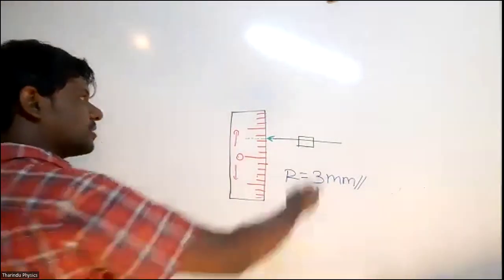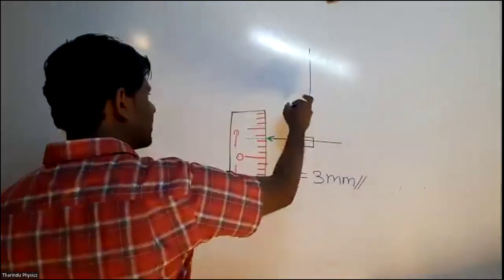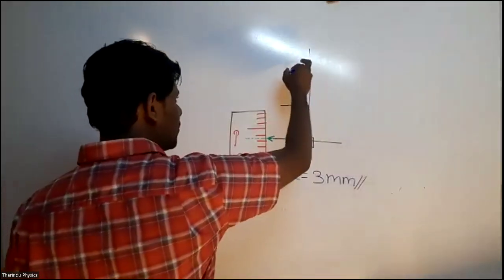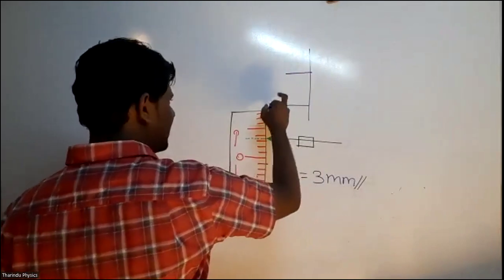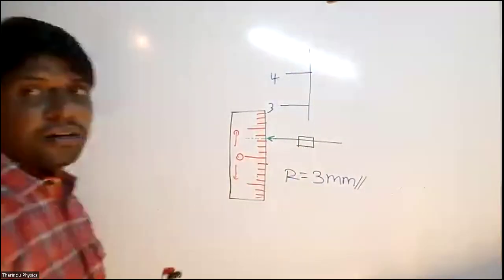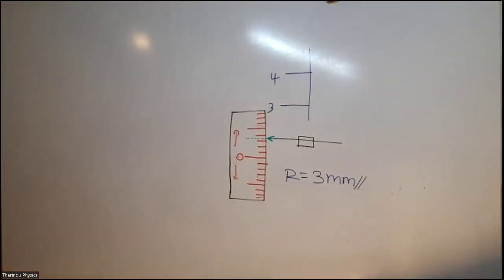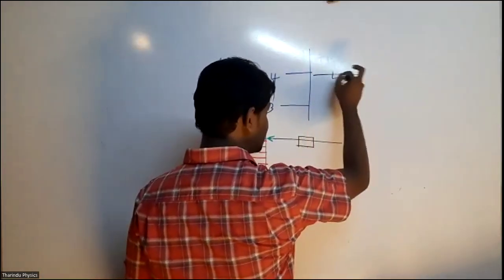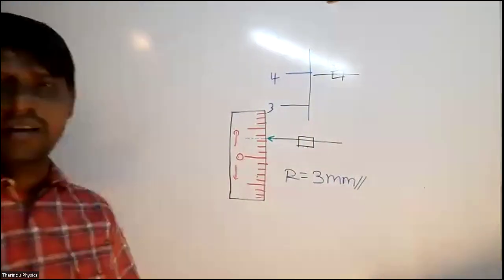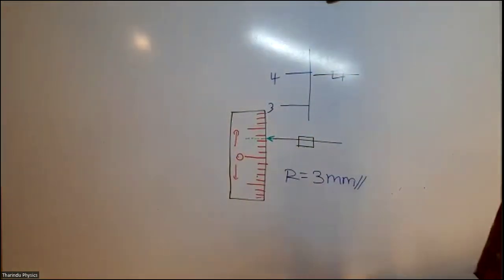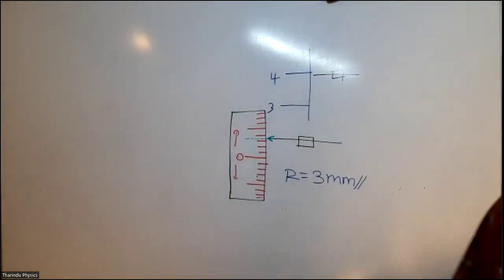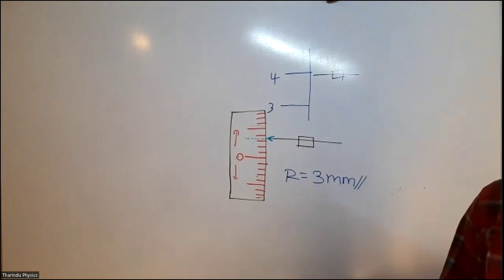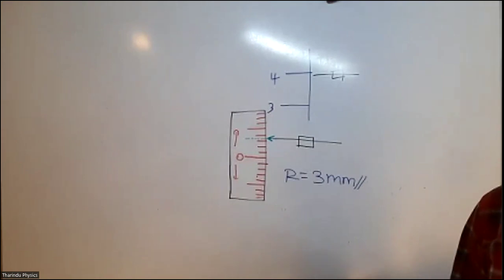Okay. Right, my dear students. One student just asked me something. If it is way closer to 4 millimeter, this is the third line, this is the fourth line, what is the main scale reading? Tell me. Is that 4 millimeter or 3 millimeter?